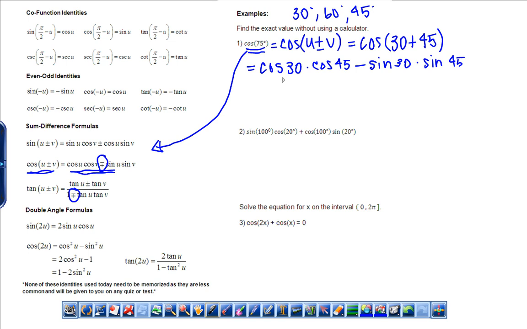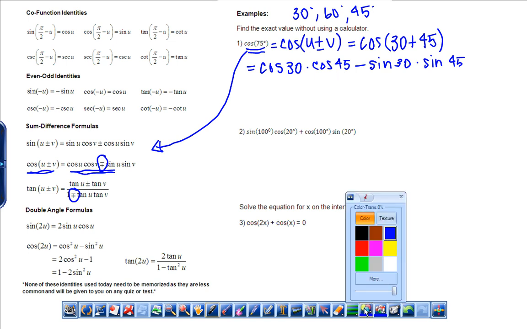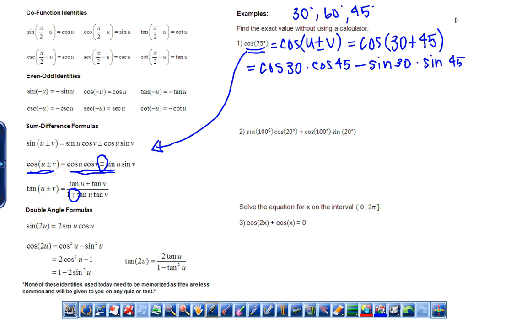Okay, so we know what a 30-degree triangle and a 45-degree triangle look like. So let's draw those two triangles. I'm going to bring those off to the side and draw a 45-degree triangle. That is a 1, 1, and a square root 2, and a 30-degree triangle. 30-degree triangles are a 1, 2, and a root 3.